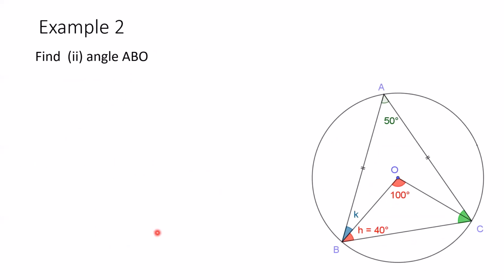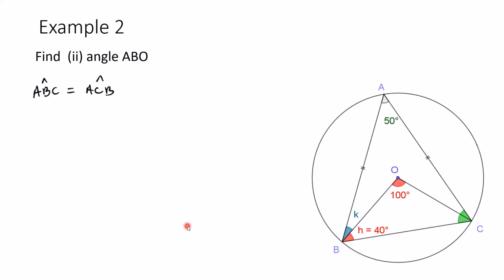Part 2. Find angle ABO. So ABO is represented by K here. To find K, we need to know what is angle ABC, and then from ABC, we subtract 40 degrees. But BAC being an isosceles triangle, ABC is equal to ACB.